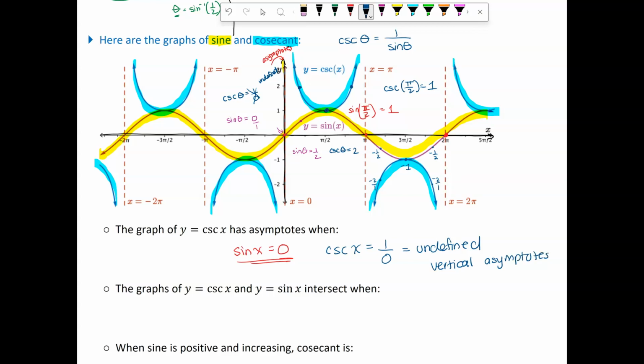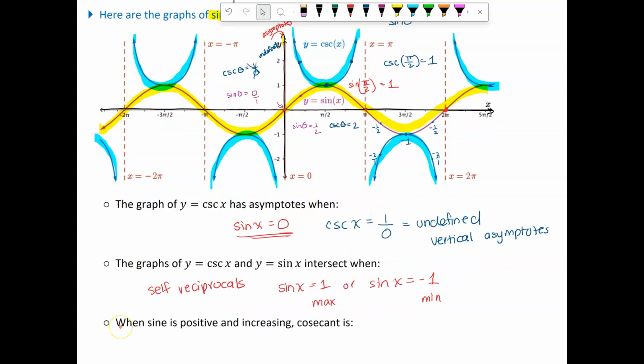All right, where do they intersect? They intersect at those self-reciprocating numbers, which is when sine of x is equal to 1, or when sine of x is equal to negative 1. So all of those max and min points.